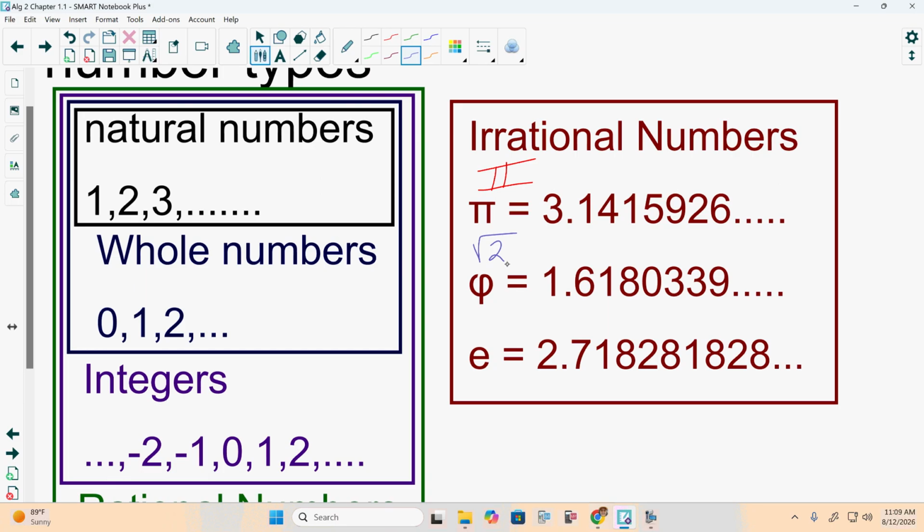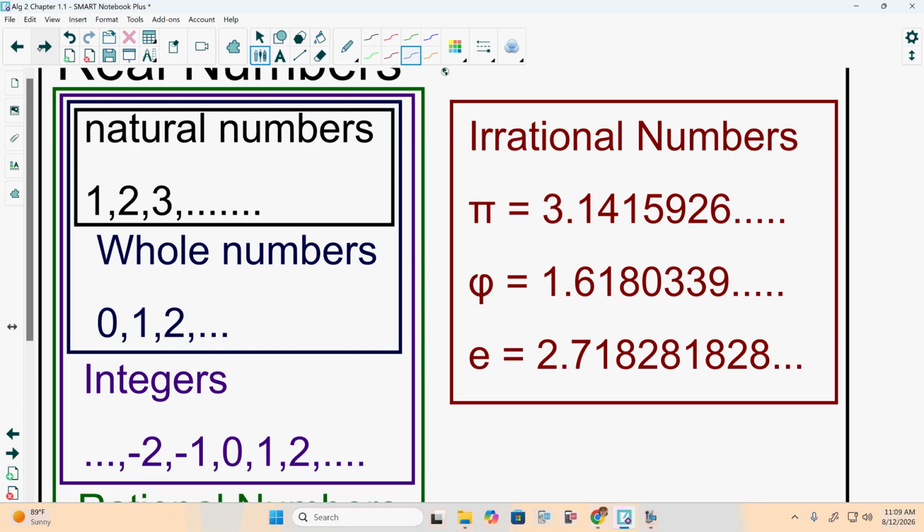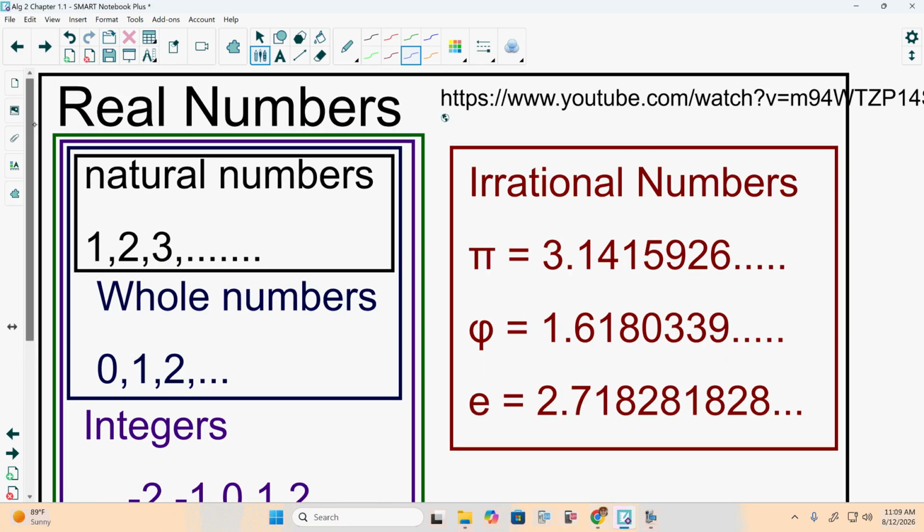Trying to make sense so far? Any questions so far? I already mentioned the last one, because in all of this we have real numbers. All of these are real numbers. And the symbol for real numbers is an R with 2 lines.